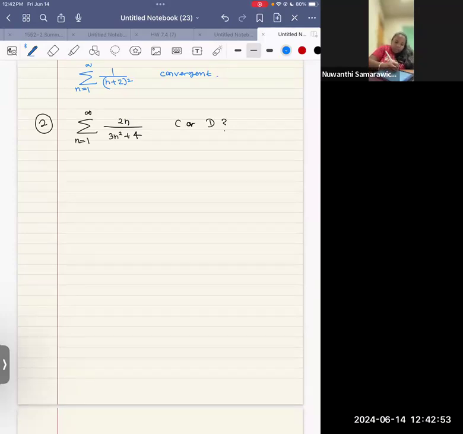Our f(x) is 2x over 3x squared plus 4. Now check whether this is continuous. Can you tell me whether this is continuous? Is it continuous?